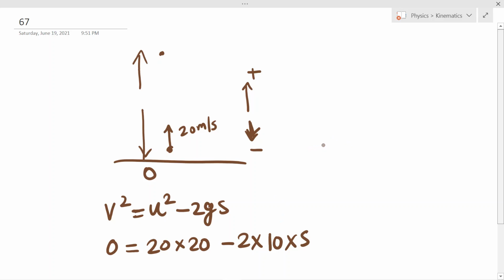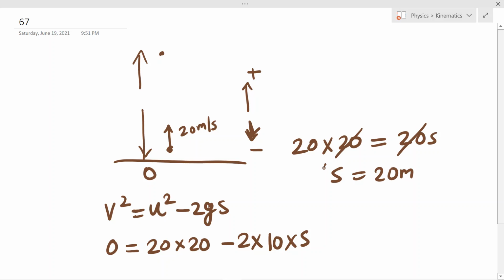So 20 into 20 is equal to 20 s. So what is s then? This 20 you can cancel, so s is 20 meter. So the maximum height reached is 20 meter.